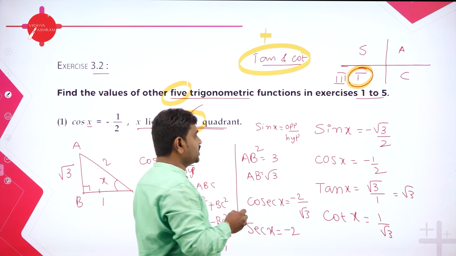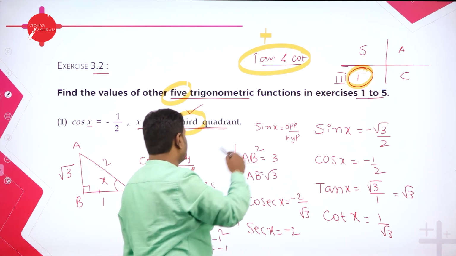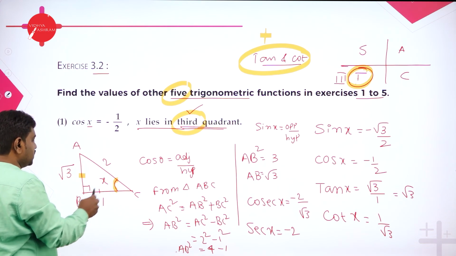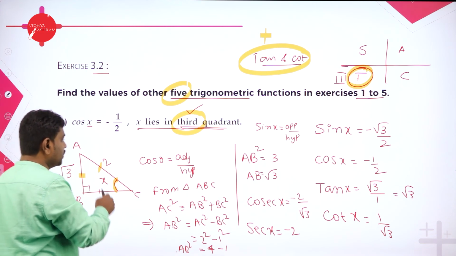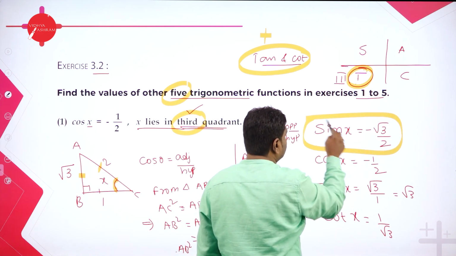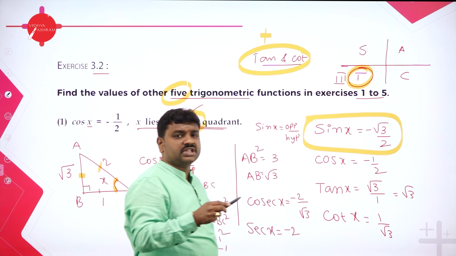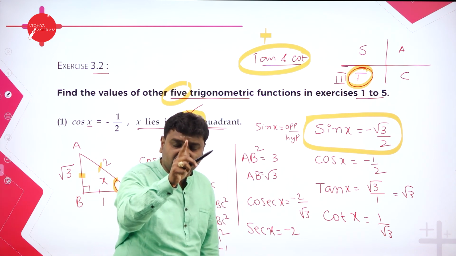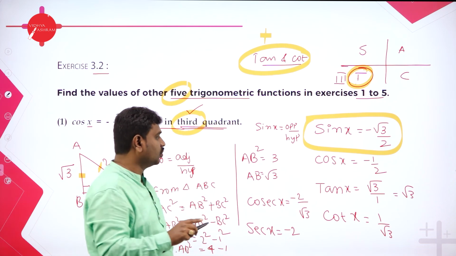So first sine. What is sine? Opposite by hypotenuse. For this angle, opposite is this, hypotenuse is this. So it will become root 3 by 2. After you get root 3 by 2, I should put minus sign. Why? Because x lies in third quadrant. In third quadrant, only tan and cot are positive. Remaining all are negative.